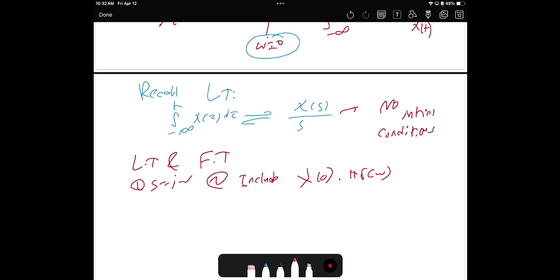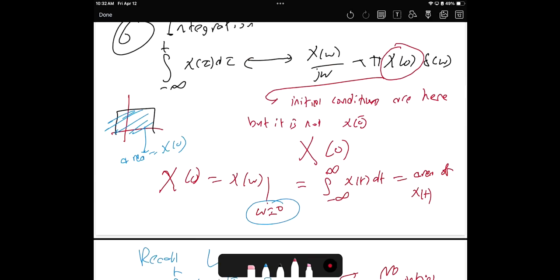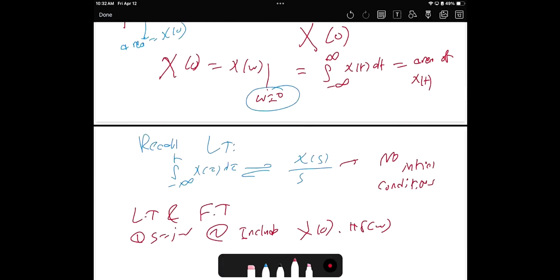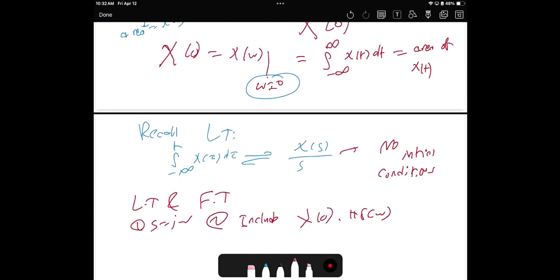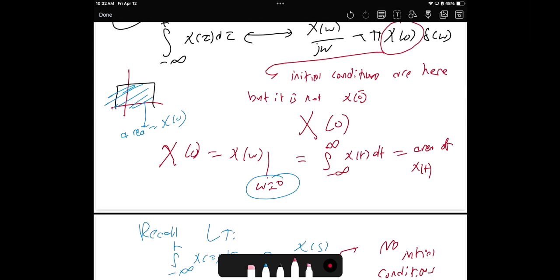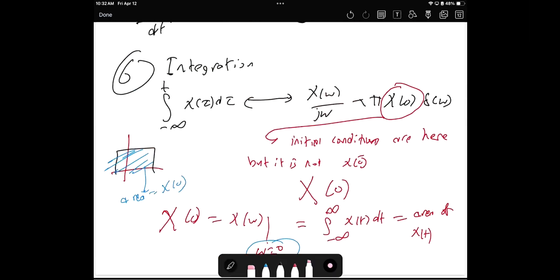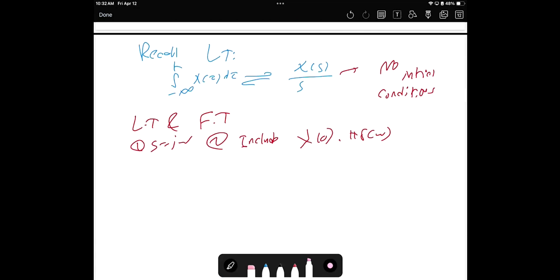So we can say in the integral itself, it's not enough to substitute s as j omega alone. We need to substitute the other term, which is plus pi X(0) delta(omega). So that's why I say sometimes it's not always the case that the Laplace transform or Fourier transform is just substituting s equal j omega.